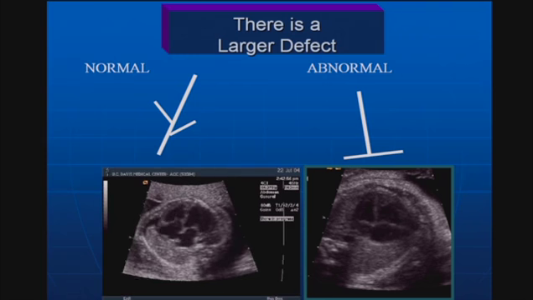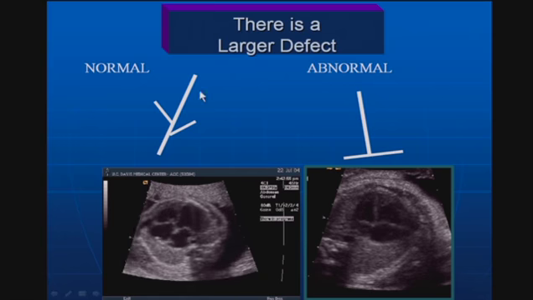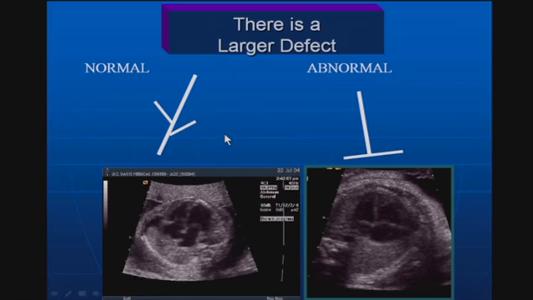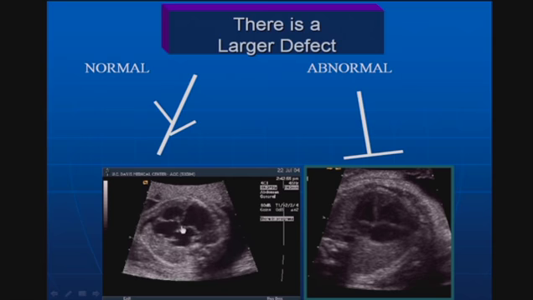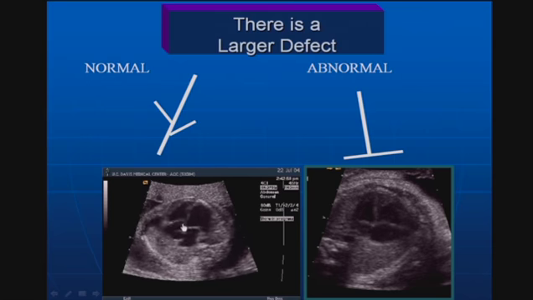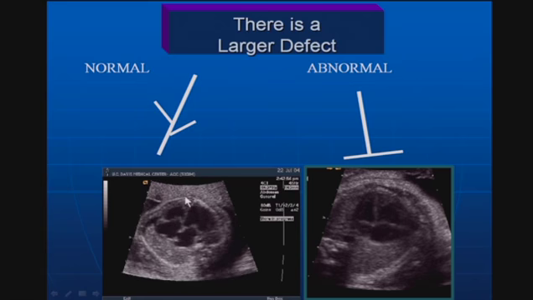The other thing you have to look at for larger VSDs, I have seen a number of these missed, but you look at this case and you see how the tricuspid valve is inserted closer to the apex than is the mitral valve in this case.